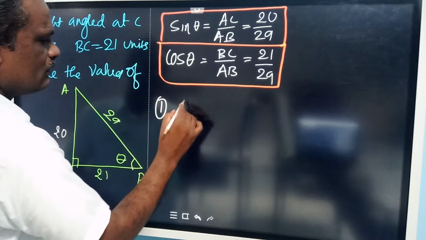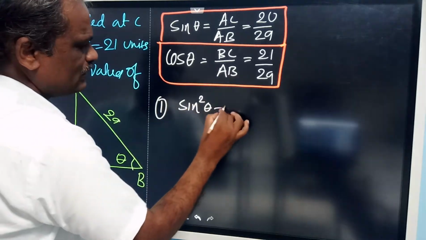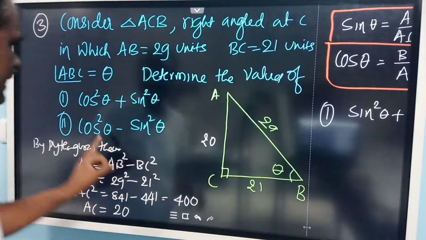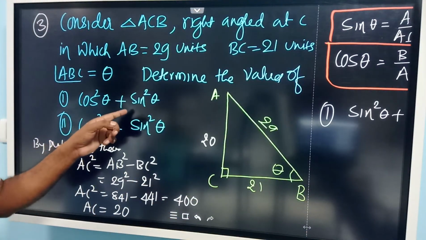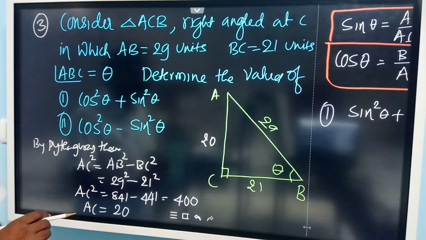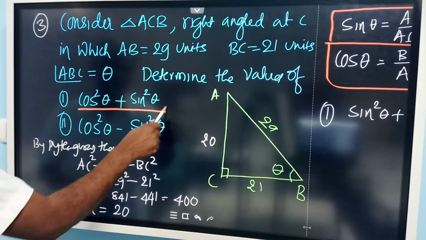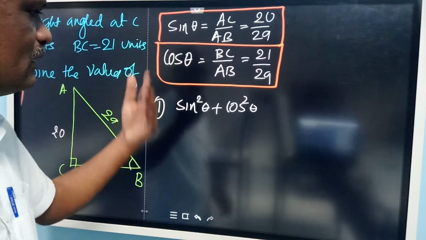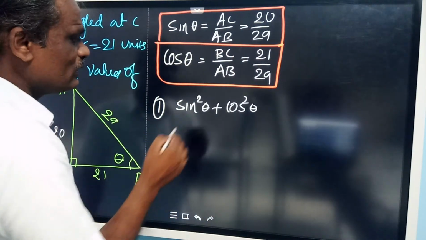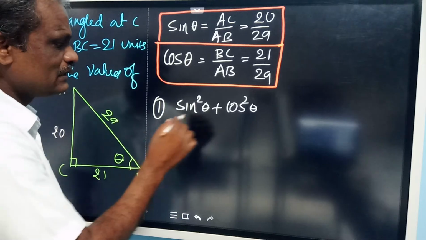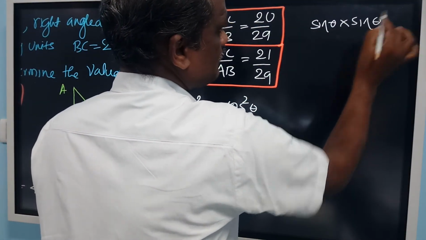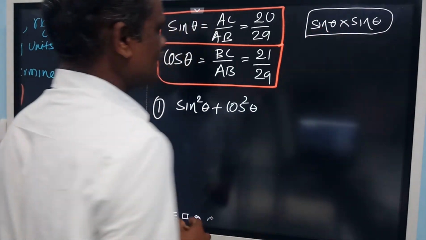First question, we need to find the value of sin square theta plus cos square theta. Cos square theta plus sin square theta or sin square theta plus cos square theta, both are the same. Okay, let us write like this. Sin square theta means sin theta into sin theta.